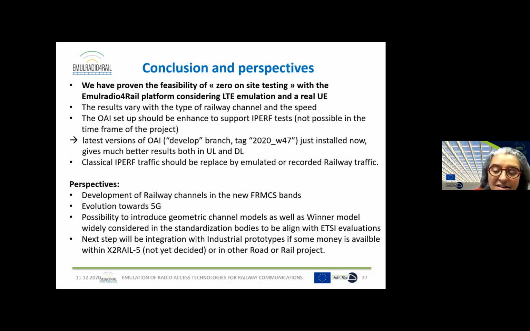And we have discovered that we need to enhance it. Hopefully Ikerlan has the time to implement the very last version of the OpenAir interface, and they confirmed that now uplink and downlink are working correctly. What could be nice, but we have no time to do this, even if some colleagues from Bombardier gave us some possibility to emulate ETCS traffic.